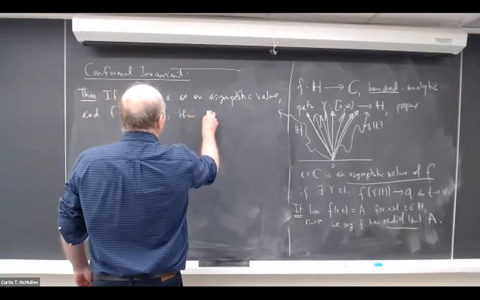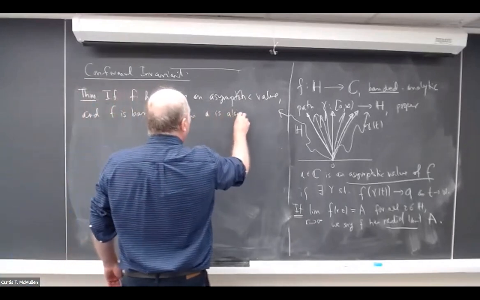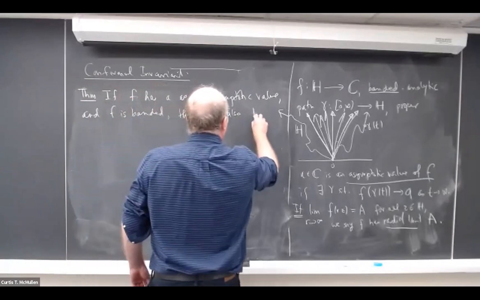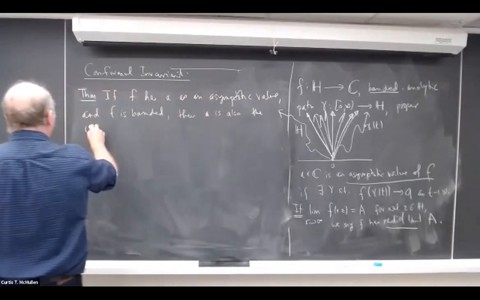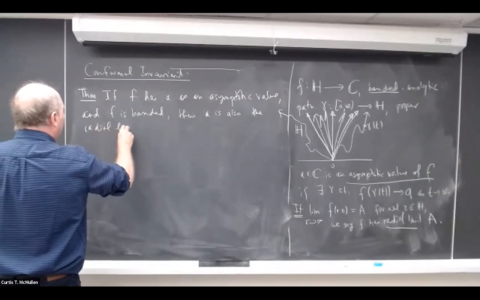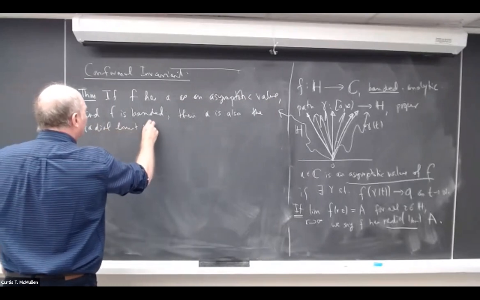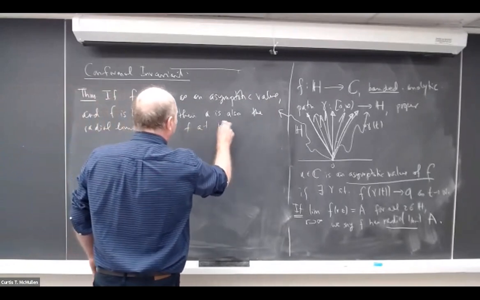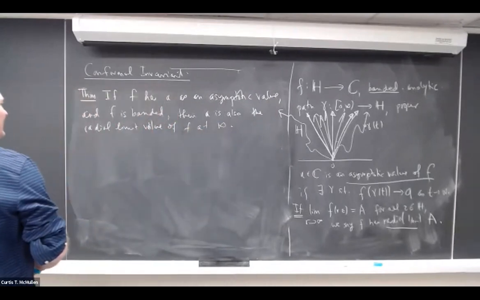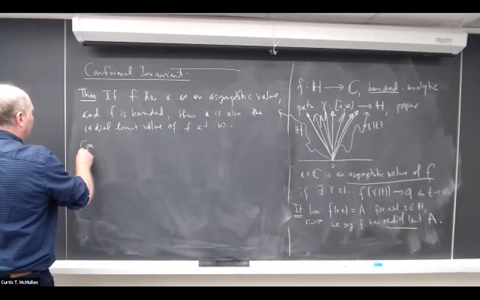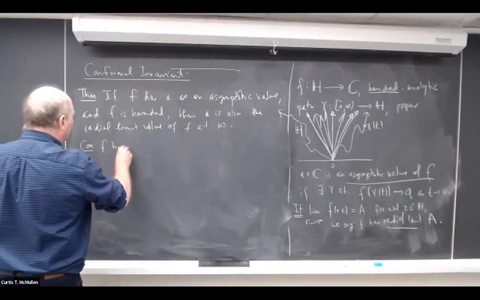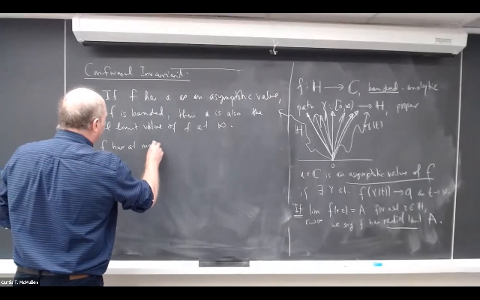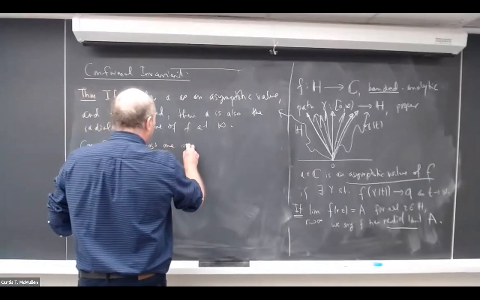Then A is also the radial limit value of f at infinity. And as a corollary, f has at most one asymptotic value.